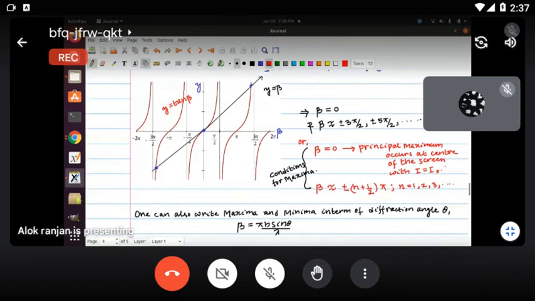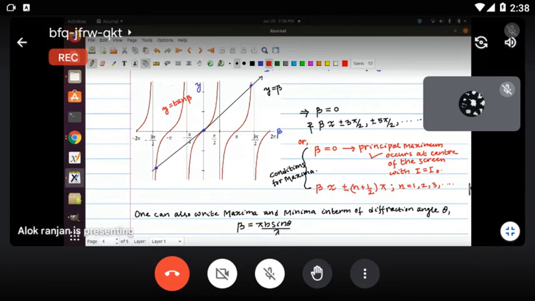What we have already seen is that when beta equal to 0, that leads to the maximum at the center of the screen, and this is known as the principal maximum. The other conditions, beta equal to plus minus (n plus half) pi, with n equal to 1, 2, 3, are the conditions for the other maxima rather than the principal maximum.